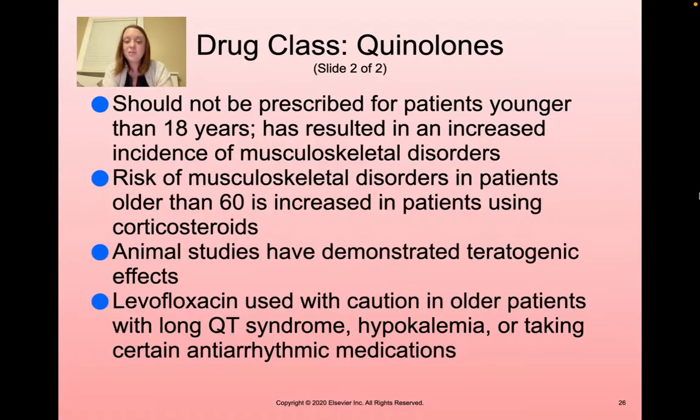Animal studies have also demonstrated teratogenic effects of quinolones, or effects that cause birth defects on fetuses. So this drug also should not go to pregnant women. Levofloxacin should be used with caution in older patients with long QT syndrome, patients with hypokalemia, or taking certain antiarrhythmic medications as well.